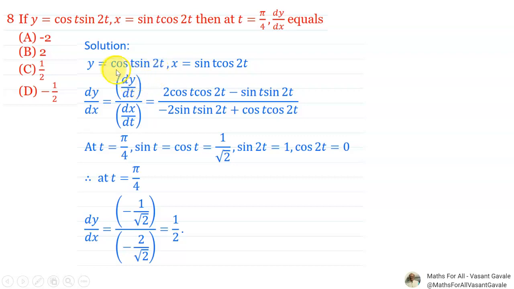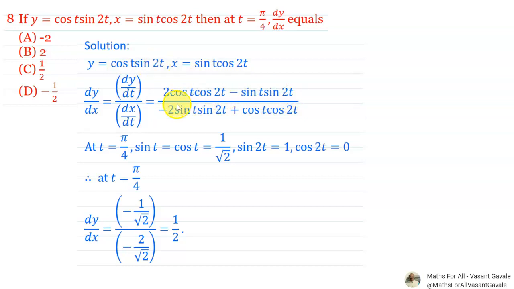Okay, now here, the dy by dt. First keep cos of t constant. The derivative of sin of 2t is cos of 2t into derivative of 2t, which is 2. Okay, and the next, the derivative of cos t is minus sin t into sin of 2t as it is.